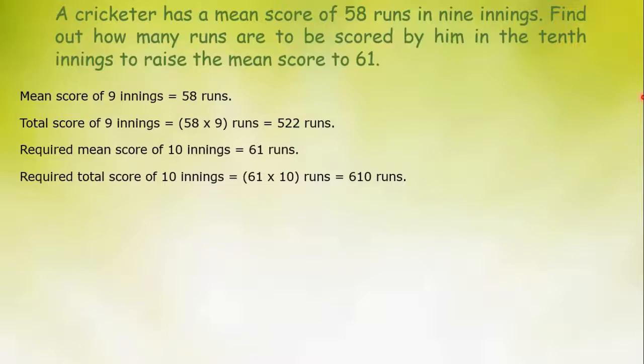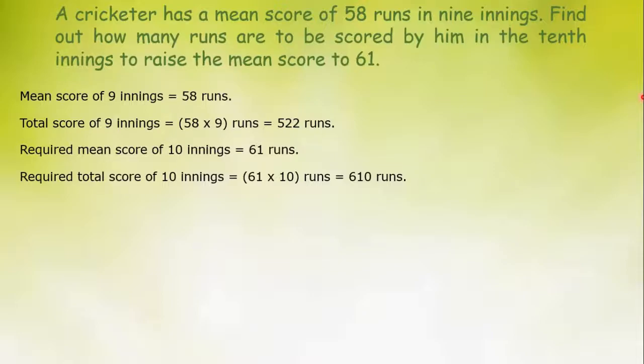Yes, it is 61 times 10, 610 runs. So, to get a mean score of 61 runs, the cricketer needs to score 610 runs as total. But after 9 innings, how much he scored? It is only 522 runs.